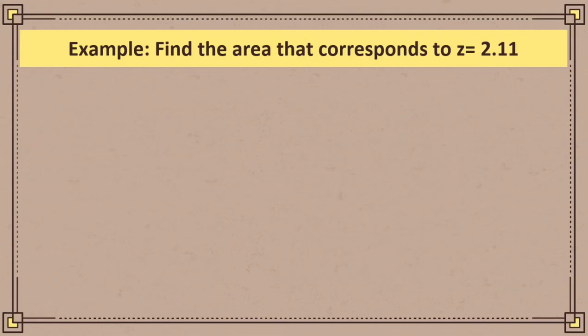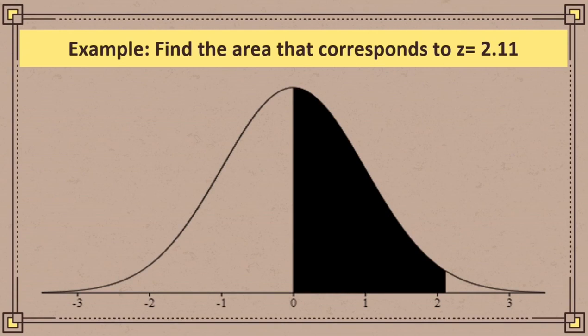Look at our first example here. Find the area that corresponds to z equals 2.11. The first step that we need to do is to construct a normal curve. Here it is. As you can see, the shape of a normal curve is bell shape. Take note of that.